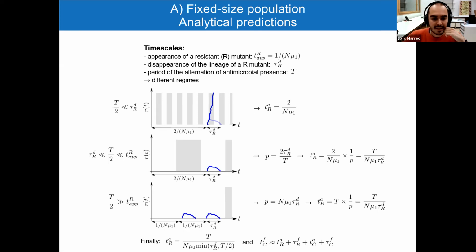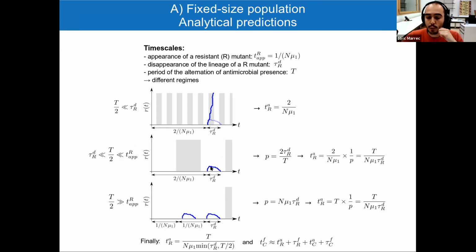And in this situation, when the period is much longer than the disappearance time of a resistant mutant, but shorter than the appearance time of a resistant mutant, then you can have at most one appearance between two phases with drugs.